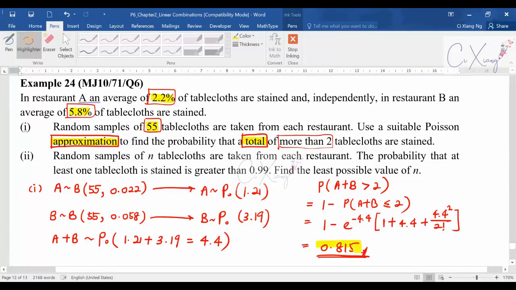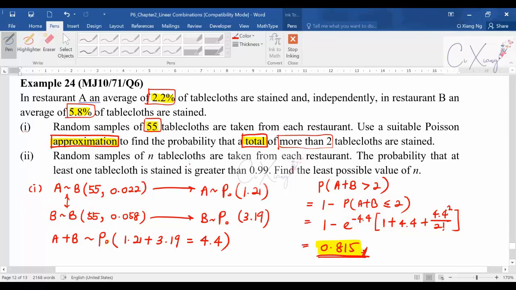So this is what we have for the Poisson number of tablecloths that are stained from both restaurants. You can convert to Poisson first, and only then add them together. Some students do it the other way: they take A plus B first, and then convert. That also works, and the answer is still the same.